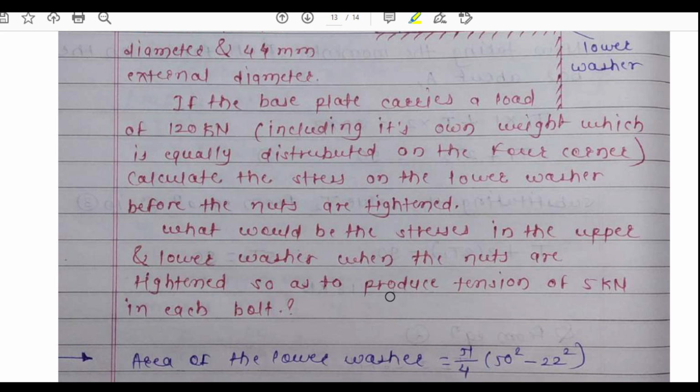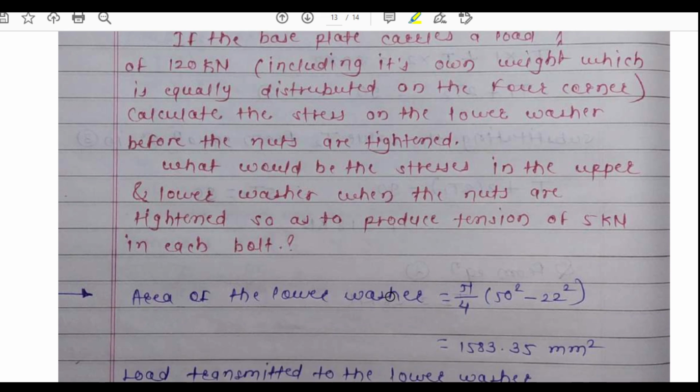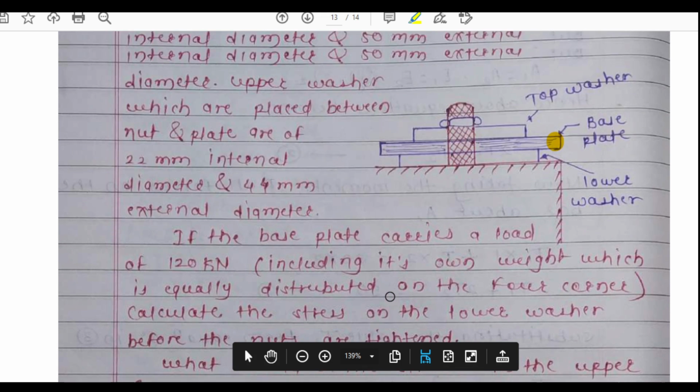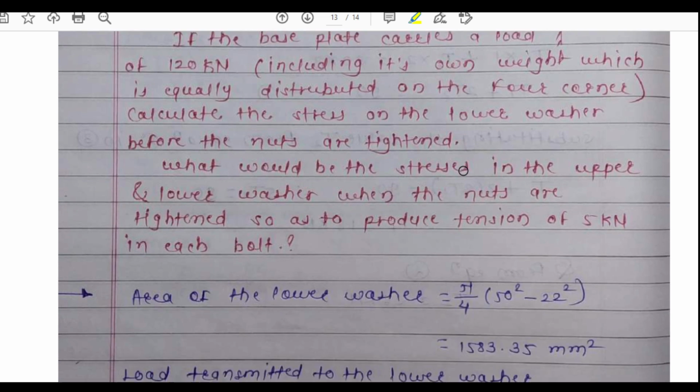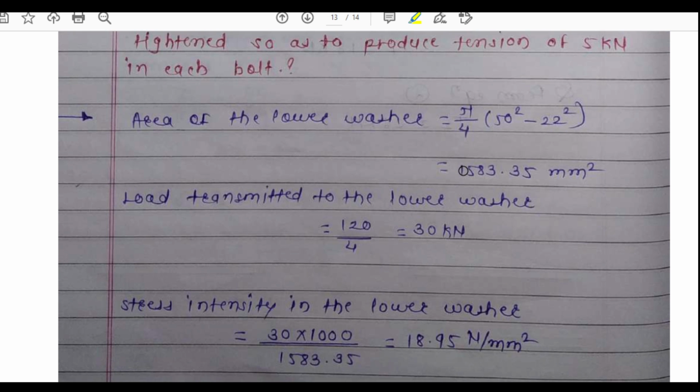Okay, and when they tighten they produce the tension force of 5 kilonewtons each. Okay, now from this information, this is your top washer, this is your lower washer, and this is your base plate, and this is your nut. Okay, now we can find out the area of lower washer.